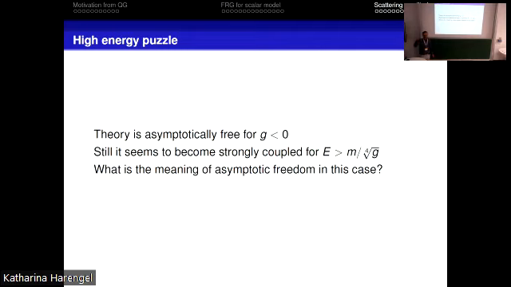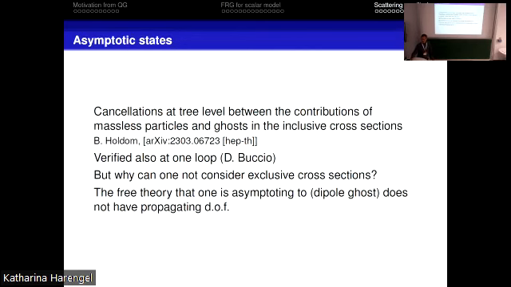Now, the fact that the coupling goes like 1 over the logarithm of energy is totally swamped by these 4 powers of momentum. And so it's still not clear what is the meaning of asymptotic freedom in this situation. I have to say that this we don't understand.